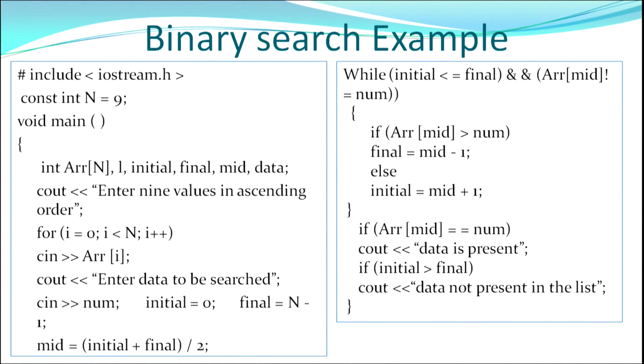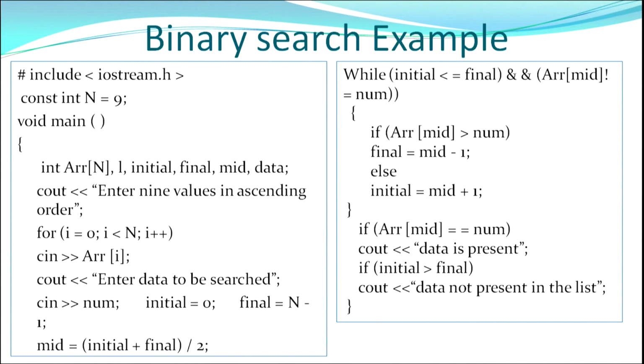Then I start checking what the value of the middle element is with respect to the data to be searched. This process will continue until either the element is found or the initial and final come together. That means, as long as initial is less than final, the lower subscript is less than the upper subscript, this loop will continue.